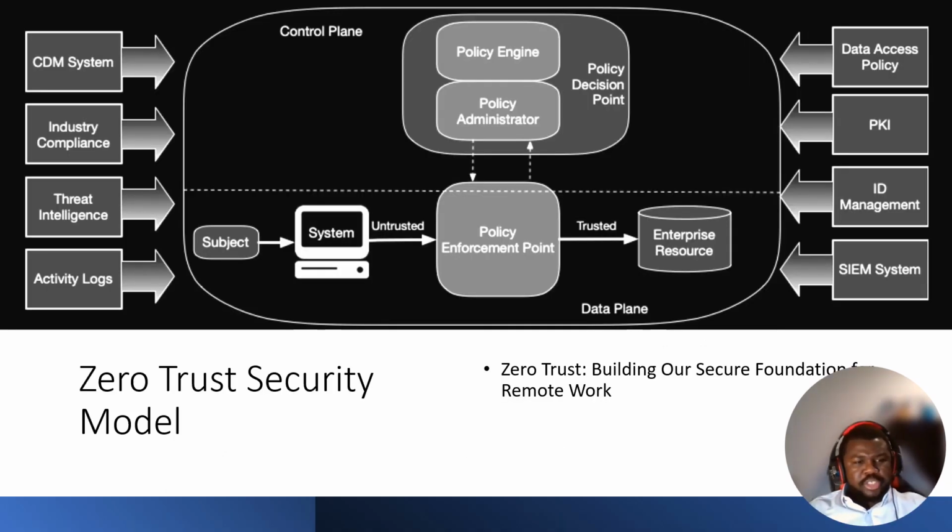Part of this process is that we want to encourage and have a zero trust security model. The reason for this is that we want to ensure that our resources are safe and secure irrespective of who has access to what. That means we want to protect ourselves from internal and external threats.